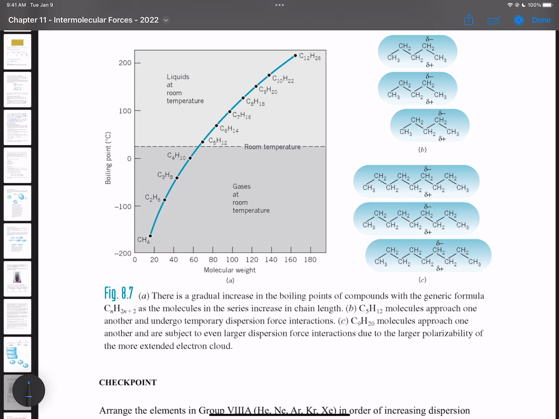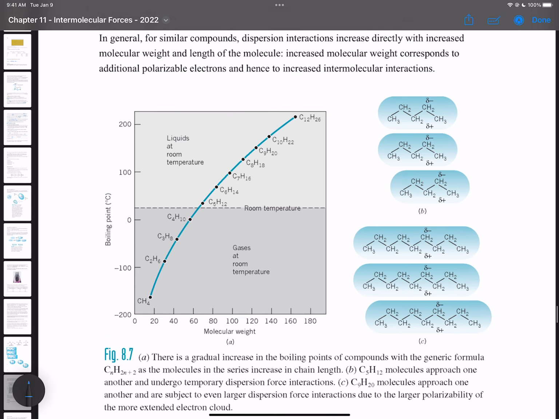And that naturally occurs for molecules with more electrons or with larger electron clouds, based on the extended molecule size. Okay? All right. So I will post some more examples about this, so we can get a lot of practice in. Okay? All right. So let's go over this checkpoint here.